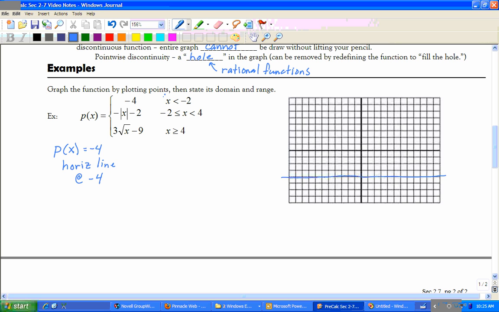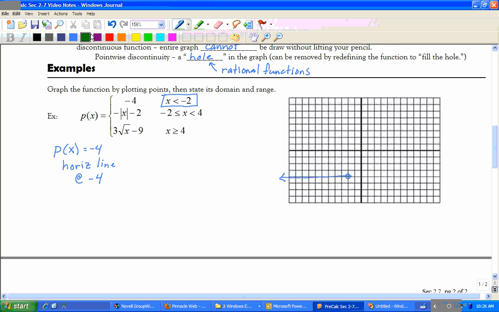And then if we go back to our domain, we only want the pieces from x being less than -2. So if we go to -2 on the x, go down to our graph, we're going to put an open circle here, and we only want the parts to the left. So then we need to go back and erase the parts that we don't need. So there's our first one.